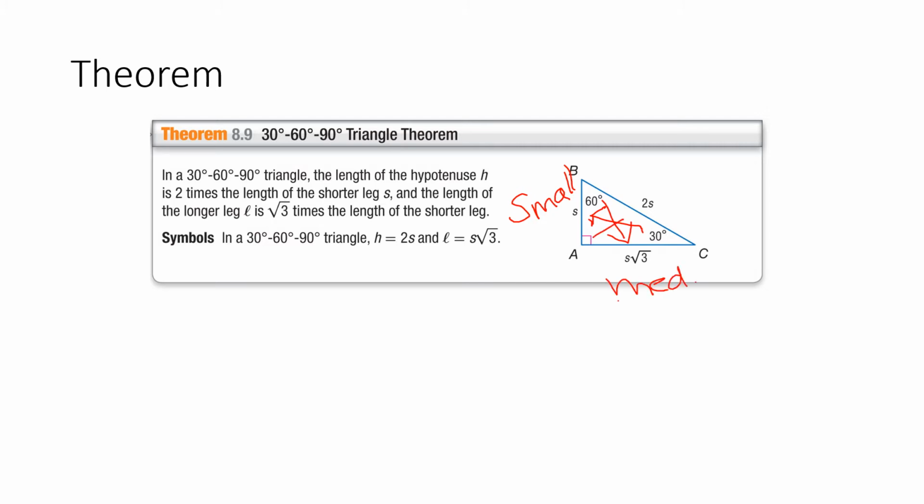And you have a long side, which I think we all know is the hypotenuse, which is opposite from the 90. So in order to figure out what the different sides are, we have to use this rule of s, the small side, s times the square root of 3 for the medium side, and 2 times the short side, or the small side, for the hypotenuse.